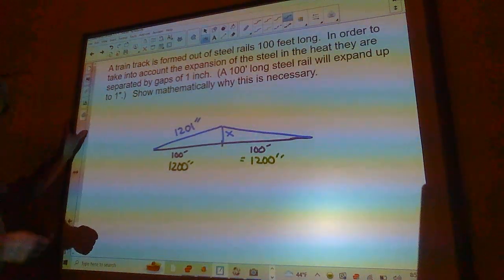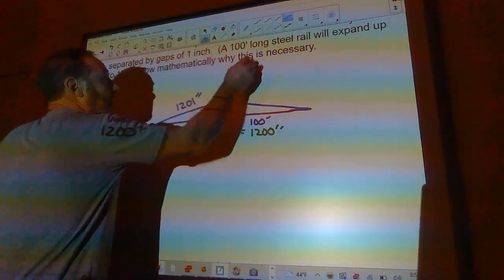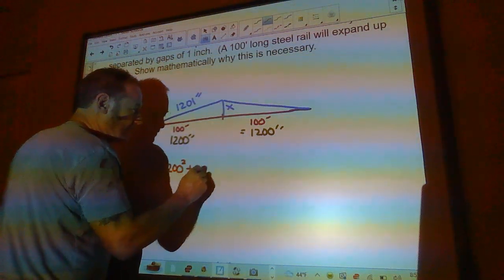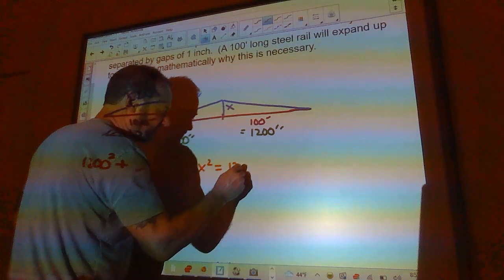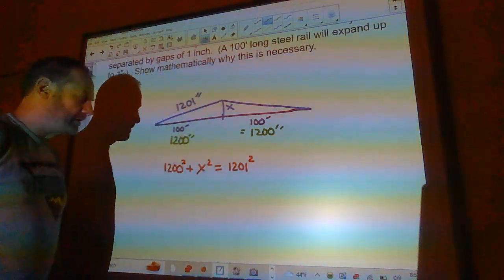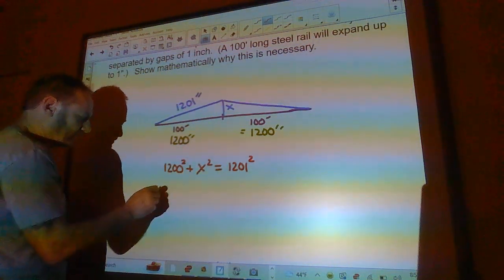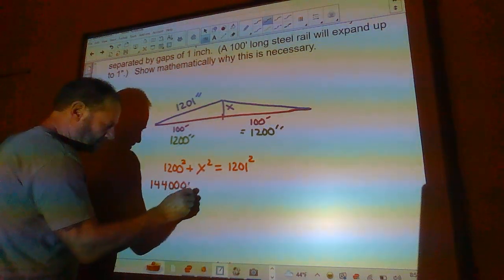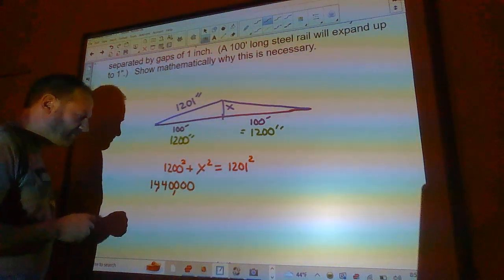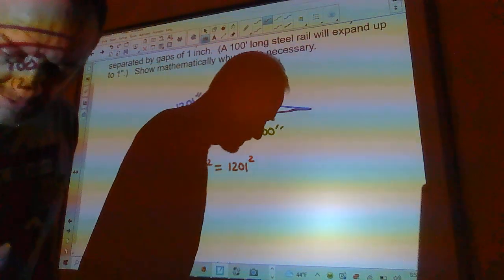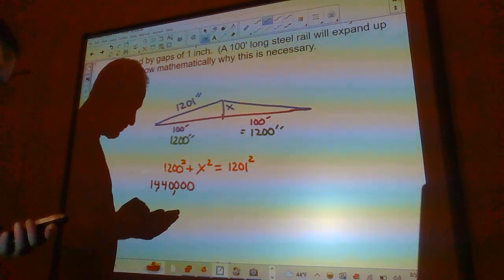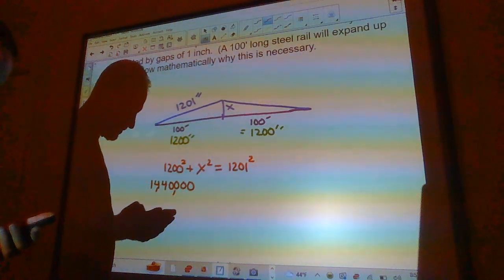Okay, so we're going to use the Pythagorean theorem here. We're going to say that 1,200 squared plus x squared equals 1,201 squared. Okay, so this is going to be 144 with 4 zeros, so 1,440,000. Okay. Let's see, 1,201 times 1,201.